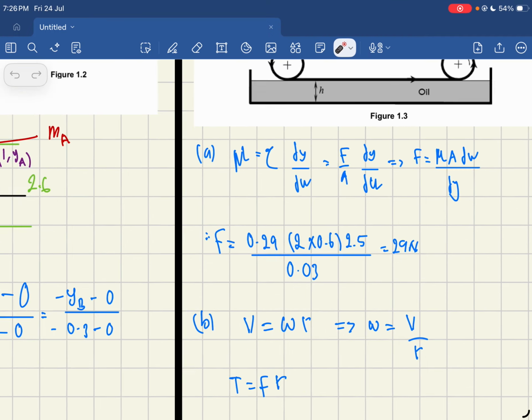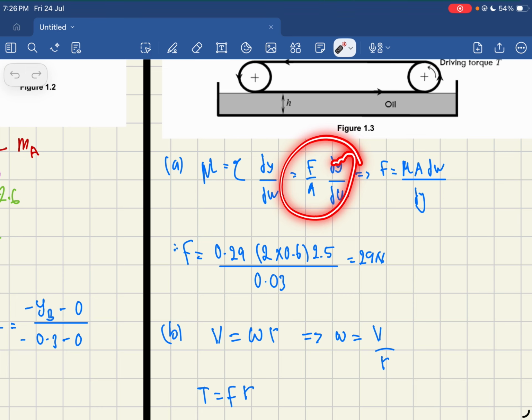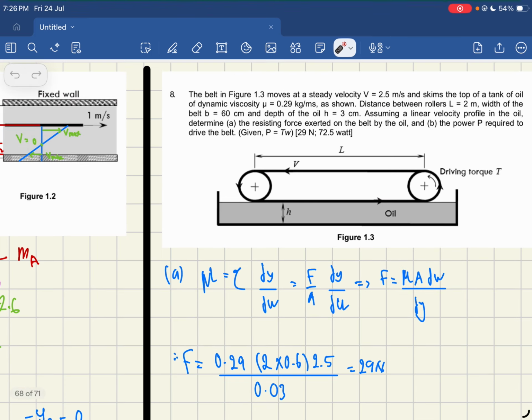exerted by the belt. We're going to use the Newton shearing stress relationship equation, and arrange this formula into this form. So mu is 0.29 times the effective area for shearing stress in the fluid, which is the surface of the belt that makes contact with the oil.